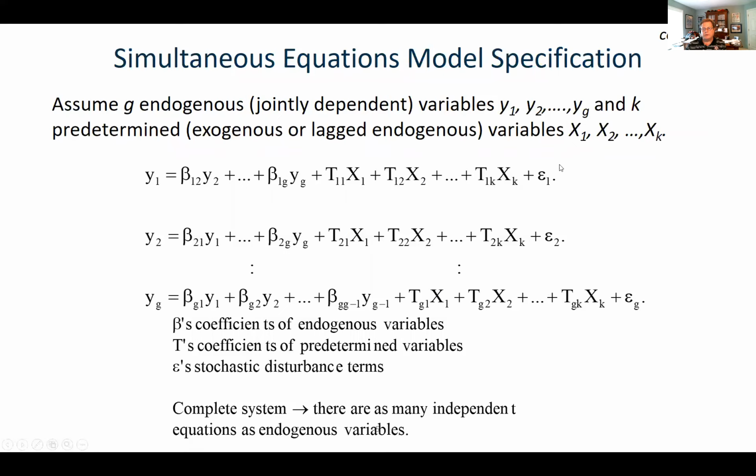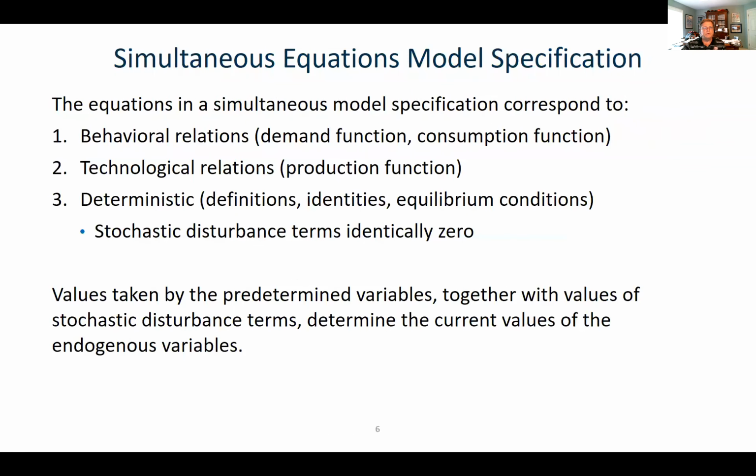Now, in some simultaneous equation models, we could have identities which are deterministic. For example, supply equals demand, or in the case of macroeconomic relationships, GDP is equal to personal consumption expenditures plus gross private domestic investment plus government expenditures plus net exports.